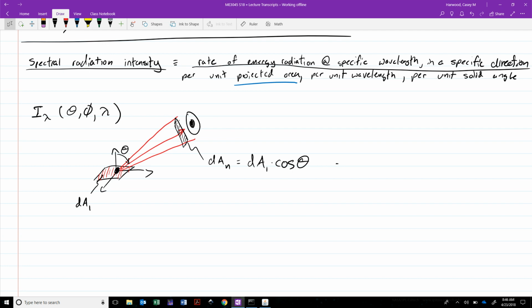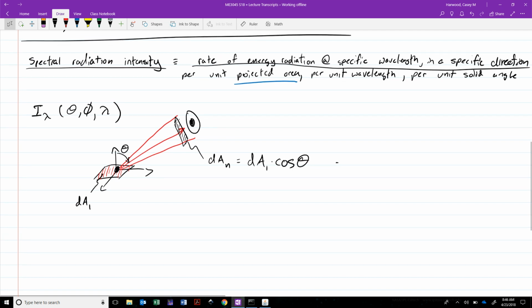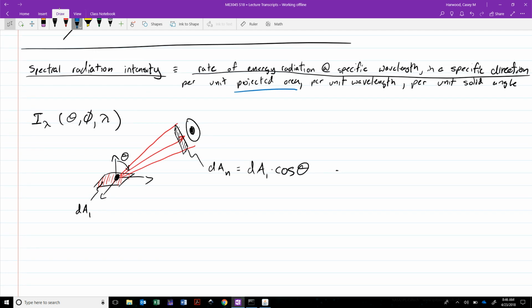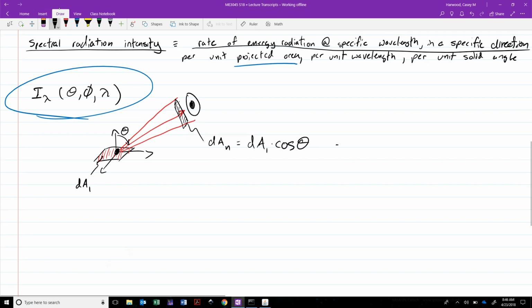Okay, so with that definition out of the way, let's go ahead and define this spectral radiation intensity. So I lambda, theta, phi, we'll start out with what's known as the emitted spectral radiation intensity. This e here stands for emission.